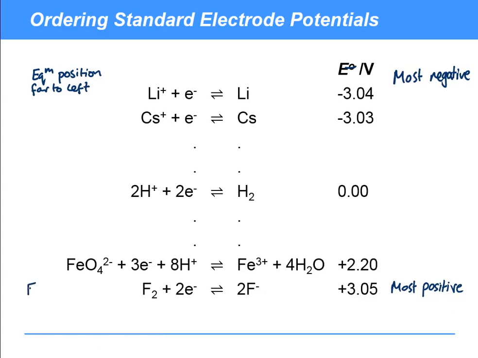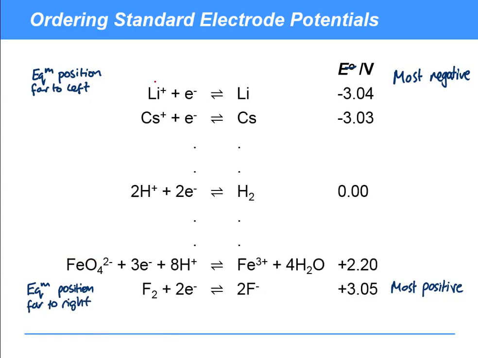Whereas the equilibrium position for these substances here is far to the right. So it favours the products of the forward reaction as written here. So in this equilibrium here, you've basically got exclusively fluoride ions, and in this equilibrium here, you'd have exclusively Li+ ions. So how is that actually linked to oxidizing and reducing power?